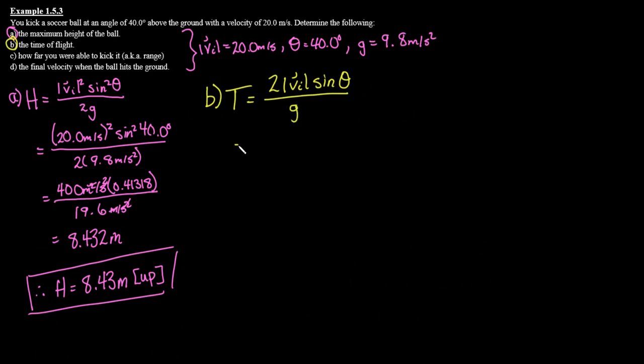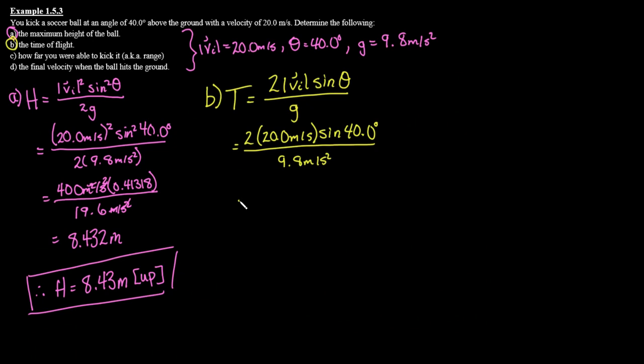So we get 2 times 20 meters per second times the sine of 40 degrees all divided by our g, which is 9.8 meters per second squared.